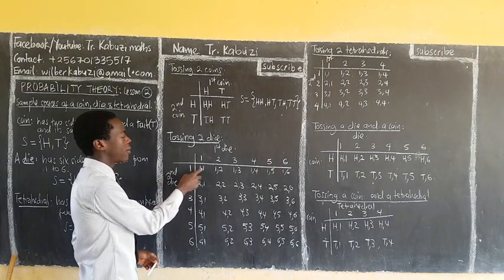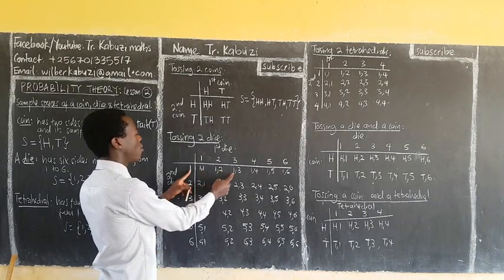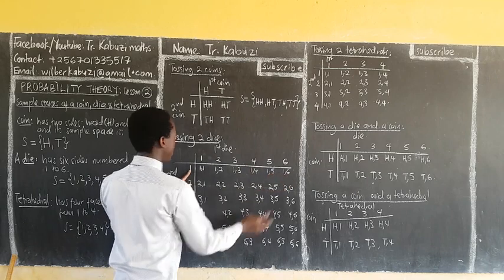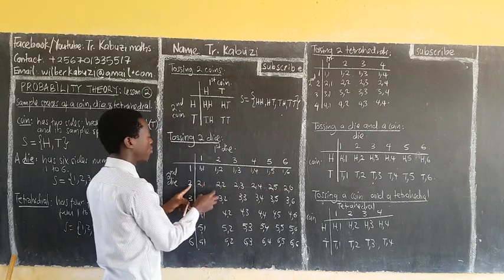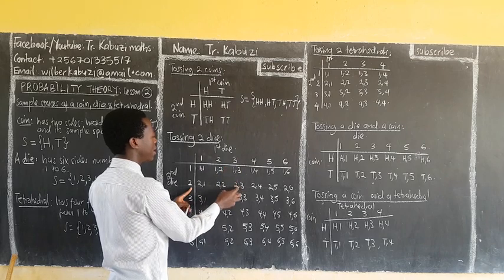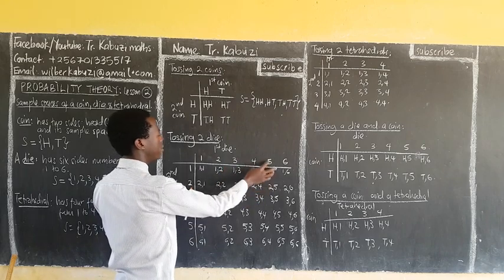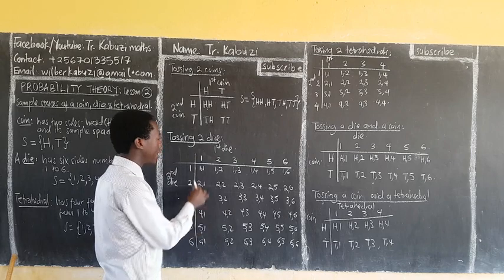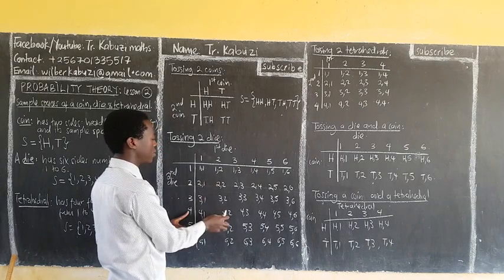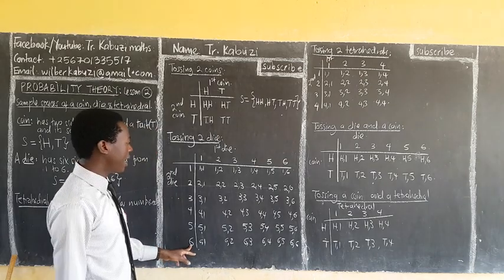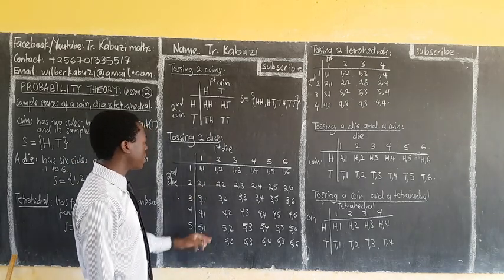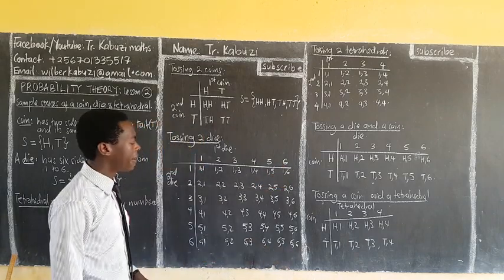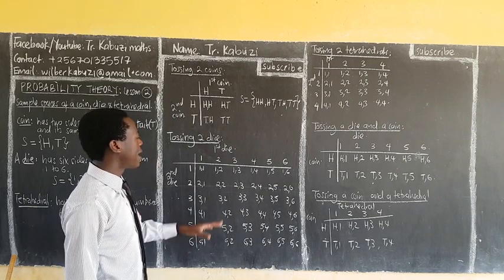Then the first produces a 2 with 1, 2, 3, 4, 5, 6, and so on, up to the first producing a 6 with 1, 2, up to 6.